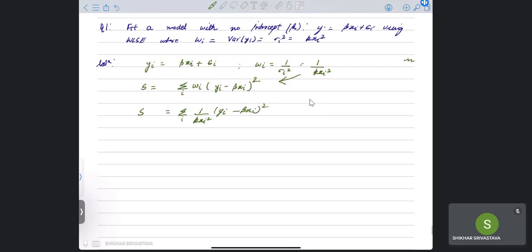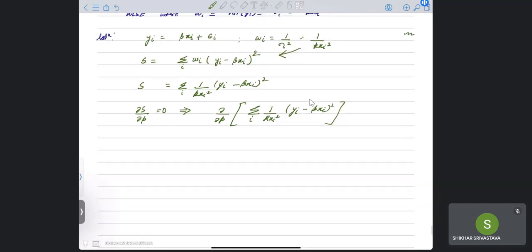Now you have to minimize this function, so you differentiate it with respect to beta.